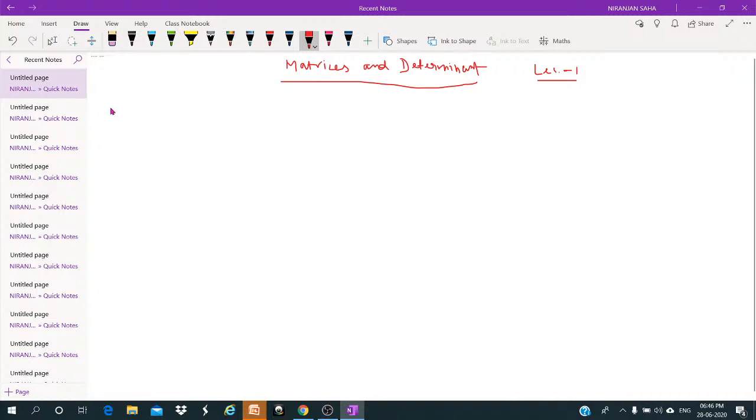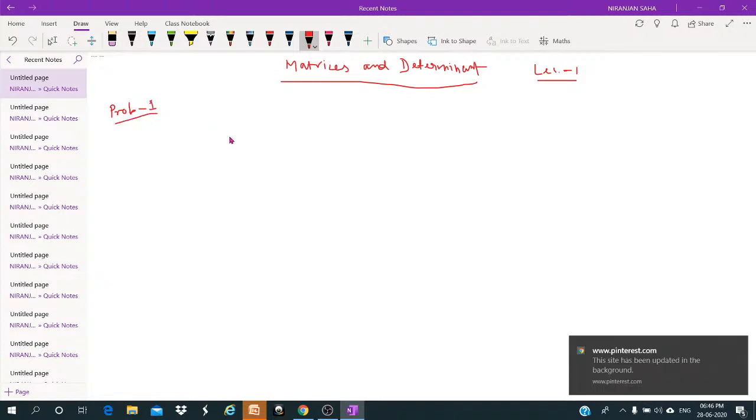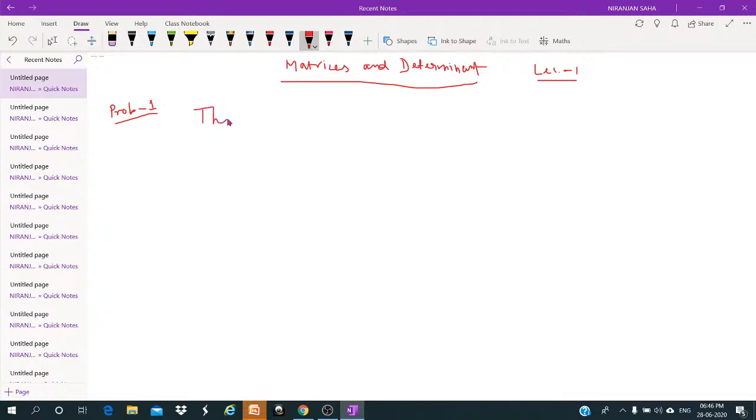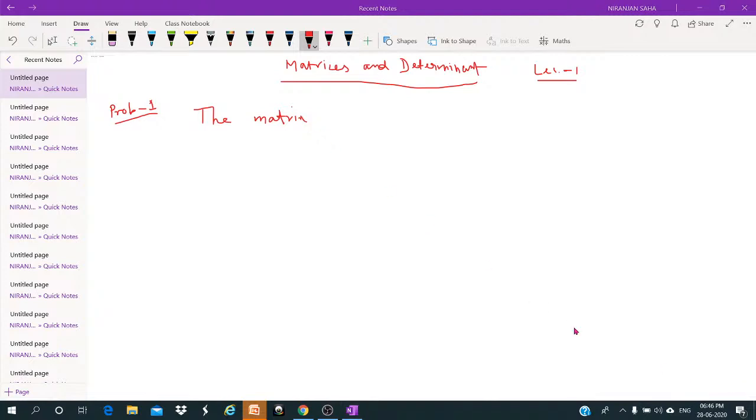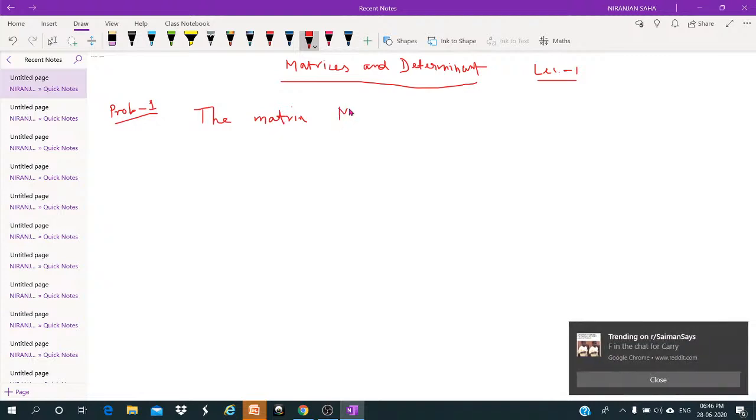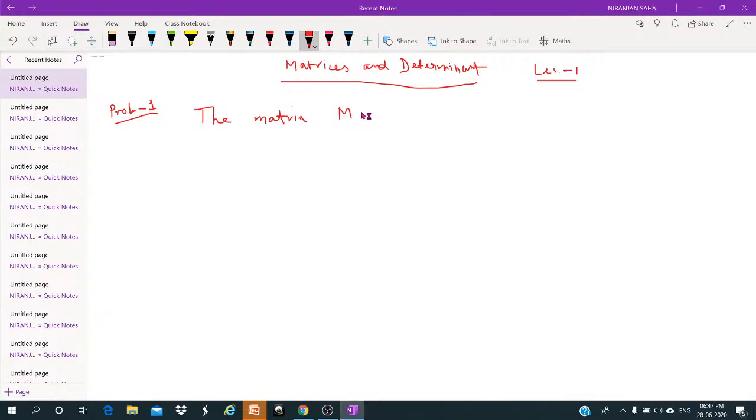So there is the first problem, problem 1. Here it is that a matrix M is given.